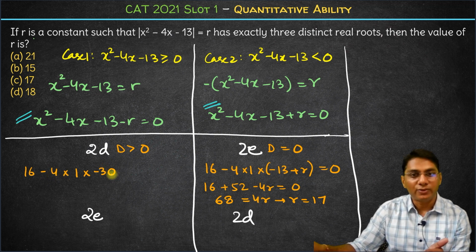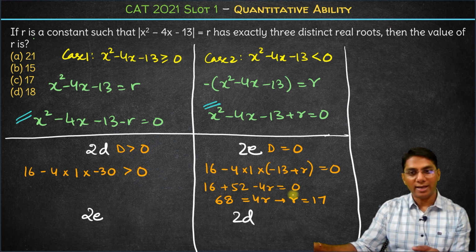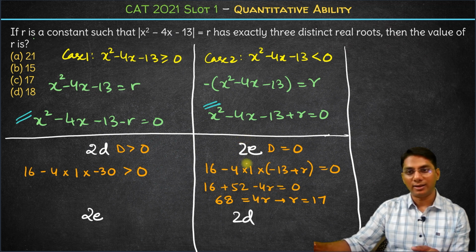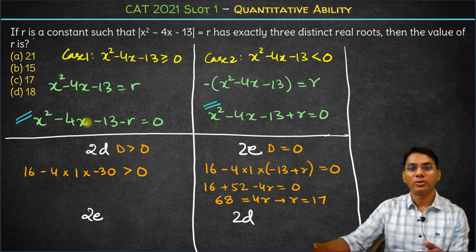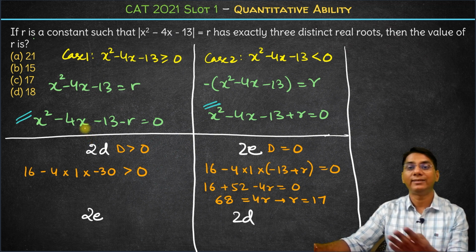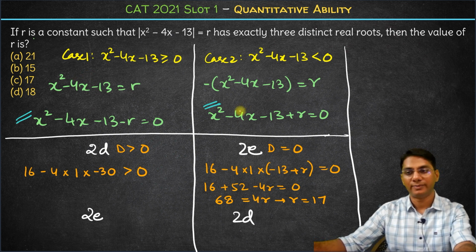Minus 4 into minus 30 is a positive number and 16 is also positive, so this will definitely be greater than 0. So no need to worry. If r is 17, the roots of this equation will be equal and the roots of the other equation will be distinct. So you will have basically 3 distinct roots, 2 from here and 1 from here.